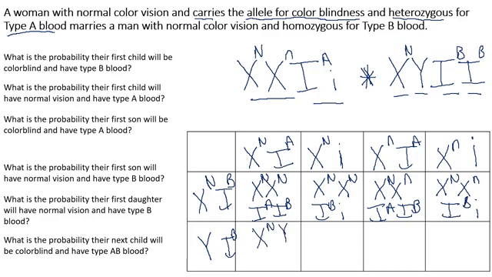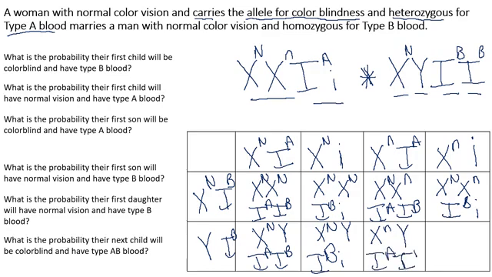So this is a normal male with AB blood. And then we have a normal male with B blood. And then we have a colorblind male with AB blood. And then we have a colorblind male with B-type blood. Okay, let's go ahead and answer all the questions.